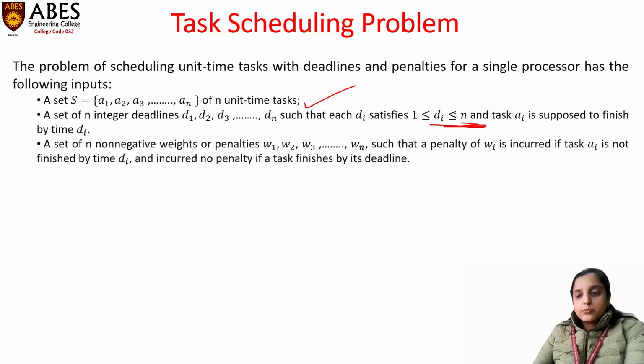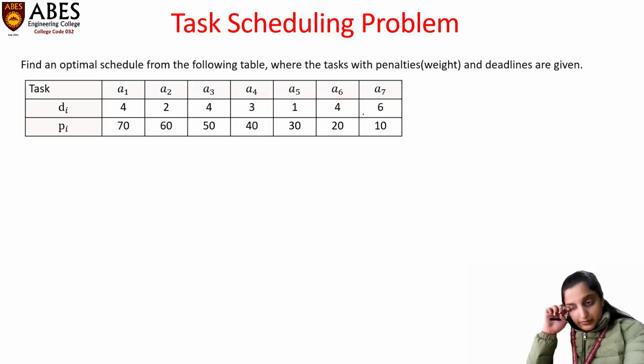That value will also be given in the question. And after that, a penalty is also given to you. If you fail to meet that deadline, then you have to pay the penalty at last. This is the overall problem scenario. So let's start with the question, then everything will be clear to you.